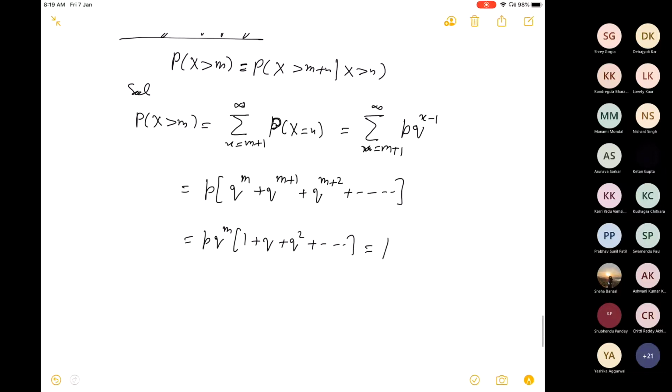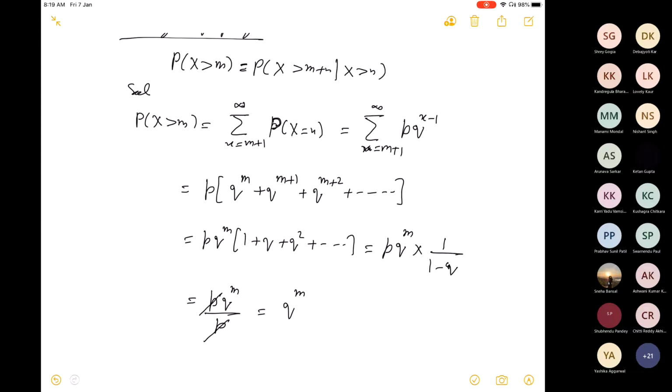So this will be p q raised to power m into 1 divided by 1 minus q, which is the summation of this. So this will be p q raised to power m upon p. This p will cancel out, and this is q raised to power m.